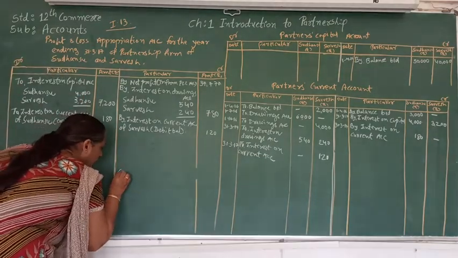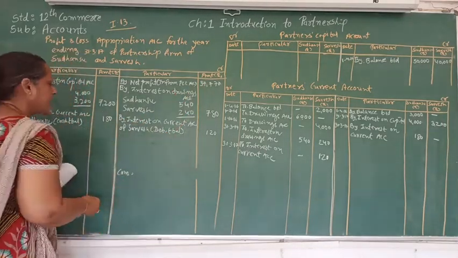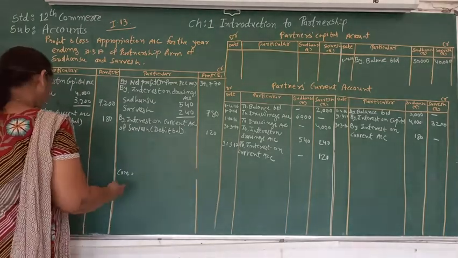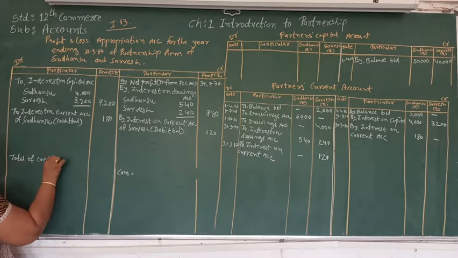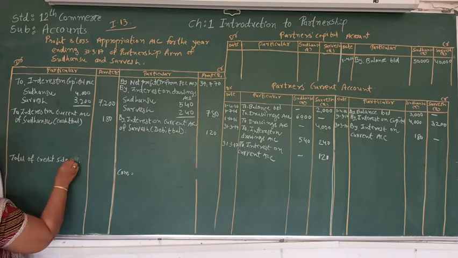Now let's calculate commission of Sudhanshu. So commission is equal to, very first we have to calculate the total of the credit side, and then we are going to deduct the total of the debit side. So for commission, very first thing, total of credit side is equal to 37,770 plus 780 plus 120.